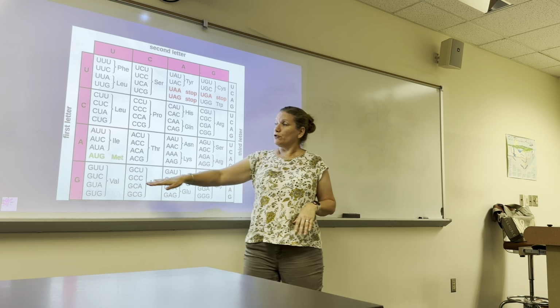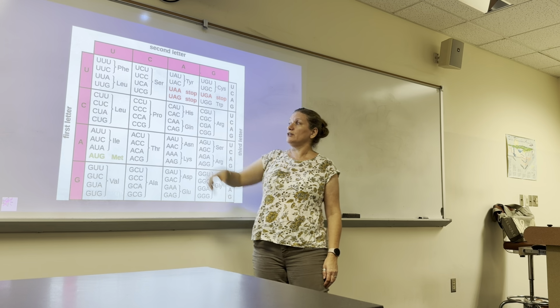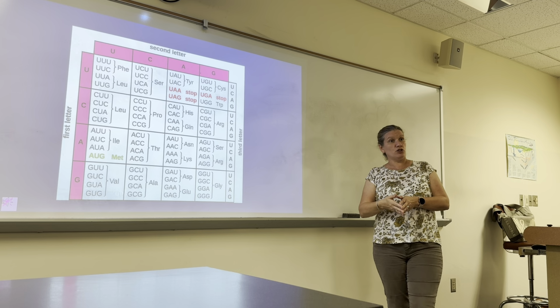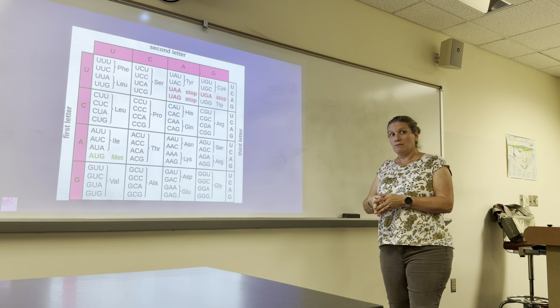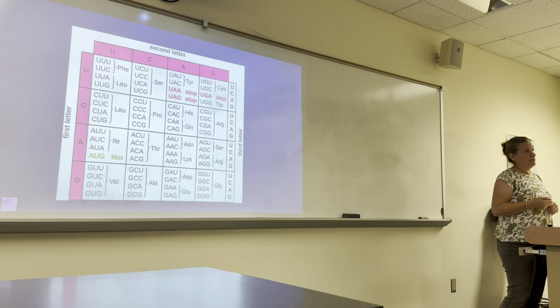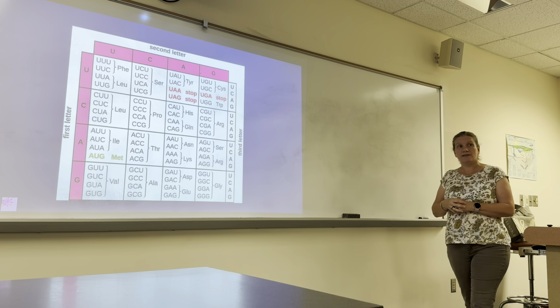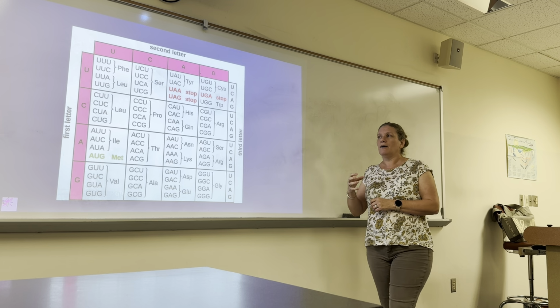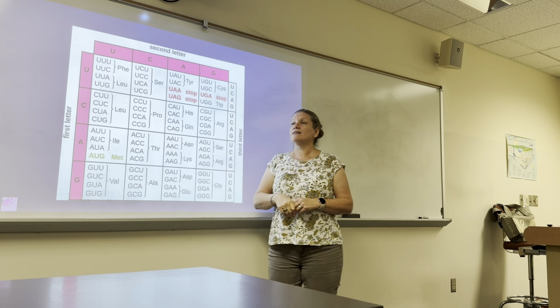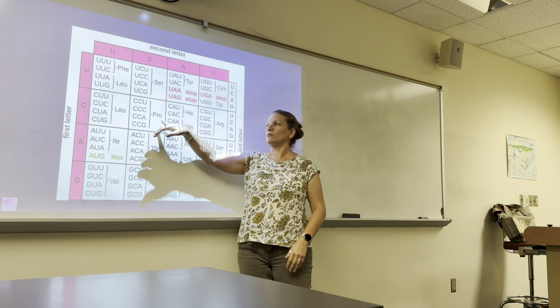As I mentioned before, you'll notice that multiple codons throughout this codon table will give you the same amino acid. So these four give you proline. You'll notice that the first position and the second position are the same. It's the third position, the wobble position for the transfer RNA. The wobble position is the one that has less concise base pairing, so that any one of these nucleotides in that third position is still going to interact with that same transfer RNA.